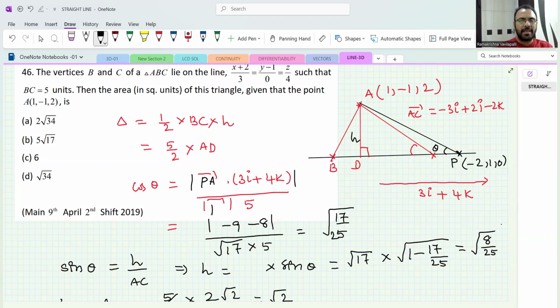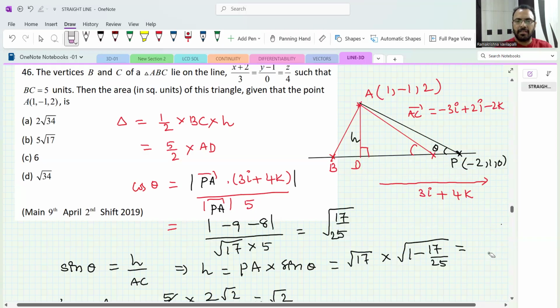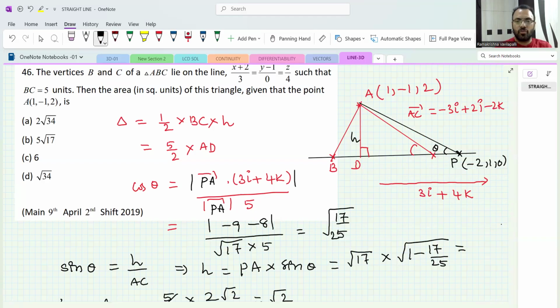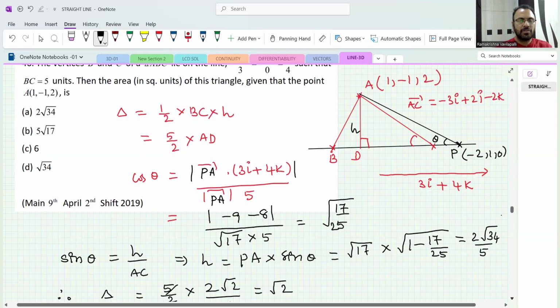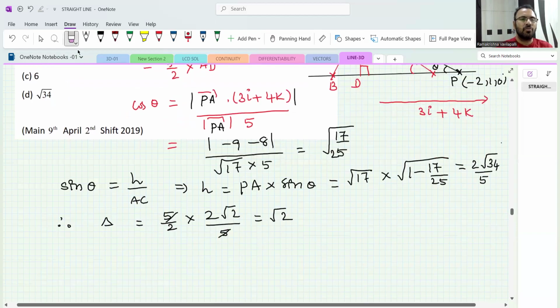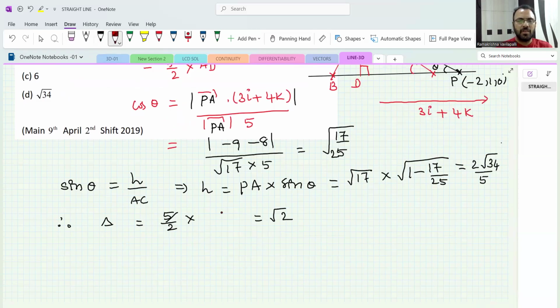All right, here the magnitude of PA bar is the distance between P and A. And here we got that this is root 17 into root 8, that is nothing but 2 root 34 by 5. Okay. So now this is equal to, we got 5 by 2 into 2 root 34 by 5.